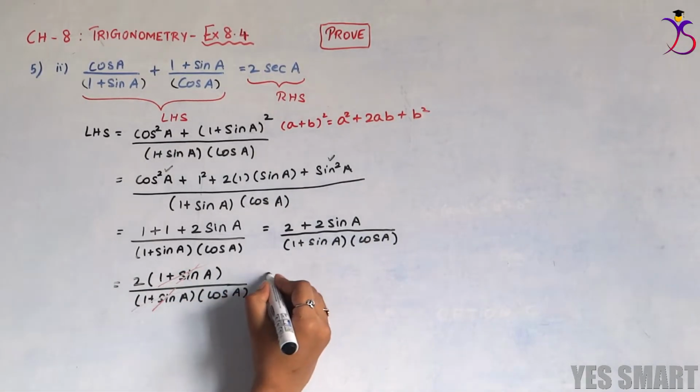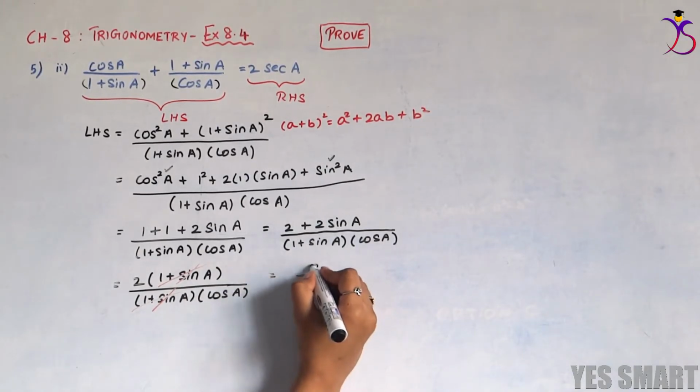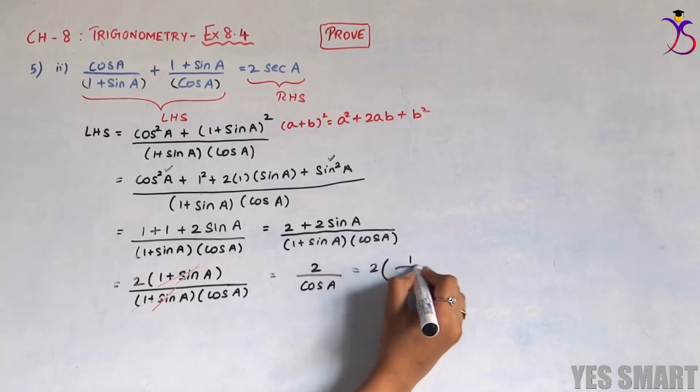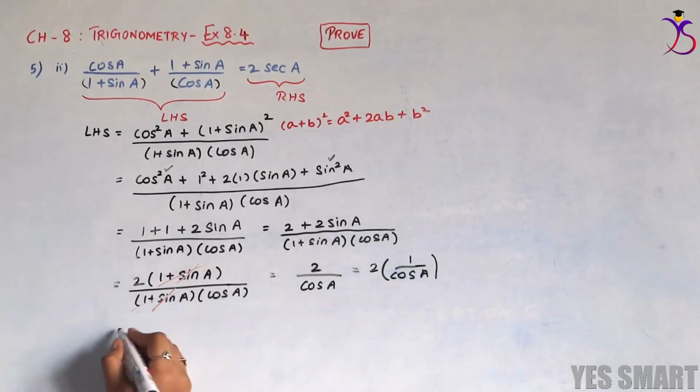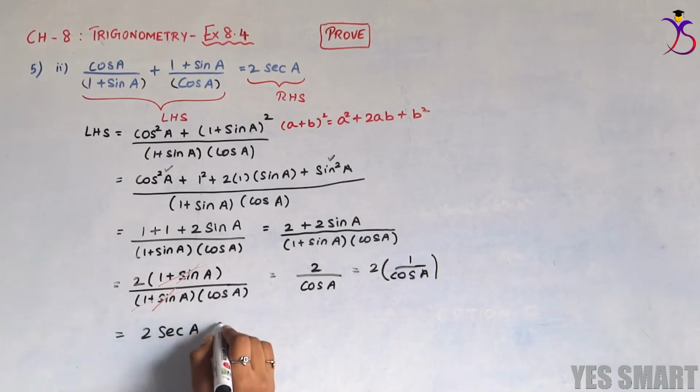Then we will be having 2 by cos a. This can be written as 2 into 1 by cos a. We already knew that 1 by cos a is secant a. Therefore, this is equal to 2 secant a, which is RHS, hence proved.